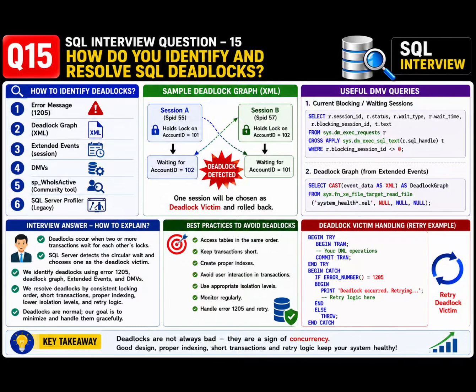Mentioning these terms shows practical production support experience. Then deadlocks are a normal part of multi-user database systems. The goal is not to eliminate them completely but to identify them quickly, minimize their occurrence through good design, and handle them gracefully in applications.